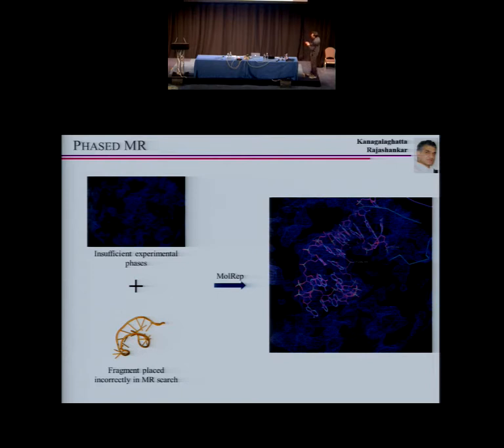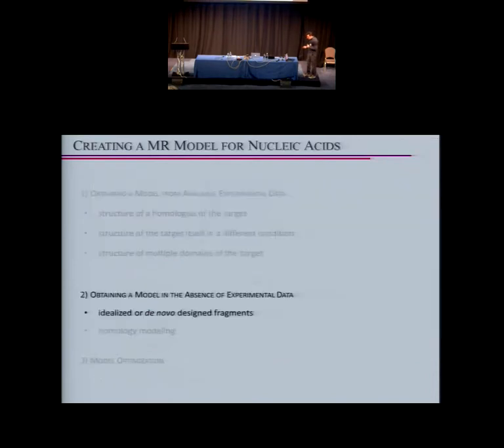Whereas domain 4, together with domain 2, was often positioned wrong, or the two domains were swapped with each other in the multiple domain molecular replacement searches that I described to you just now.